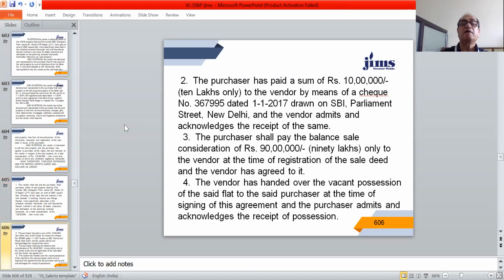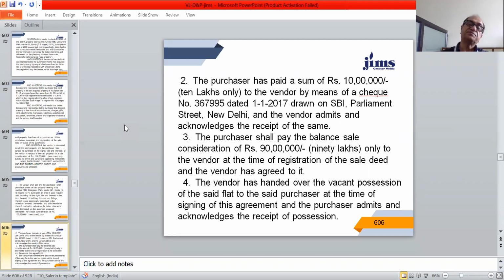Number 2, that the purchaser had paid a sum of rupees 10 lakh to the vendor by means of a cheque number so and so, dated 1/1/2017, drawn on SBI Parliament Street, New Delhi, and the vendor admits and acknowledges the receipt of the same. This is also a consequence of oral agreement, that it was agreed that purchaser will give rupees 10 lakh in advance.